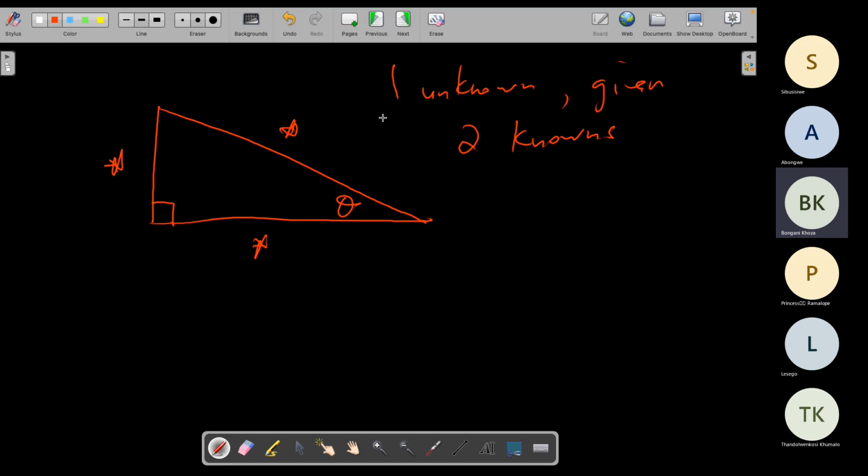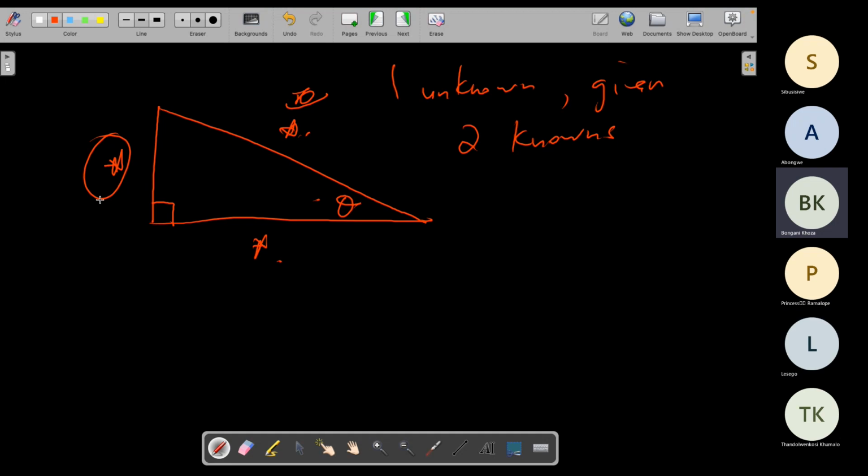So they can give us the angle and this side, and then maybe we are trying to get that side over there. Or we can be given these two sides and we're supposed to find that angle. Or we can be given those two sides and supposed to get that side like that.